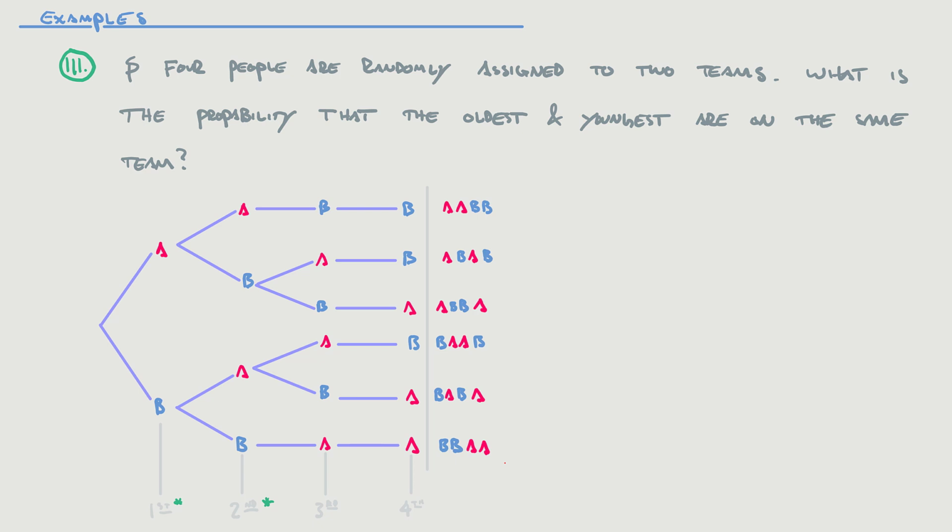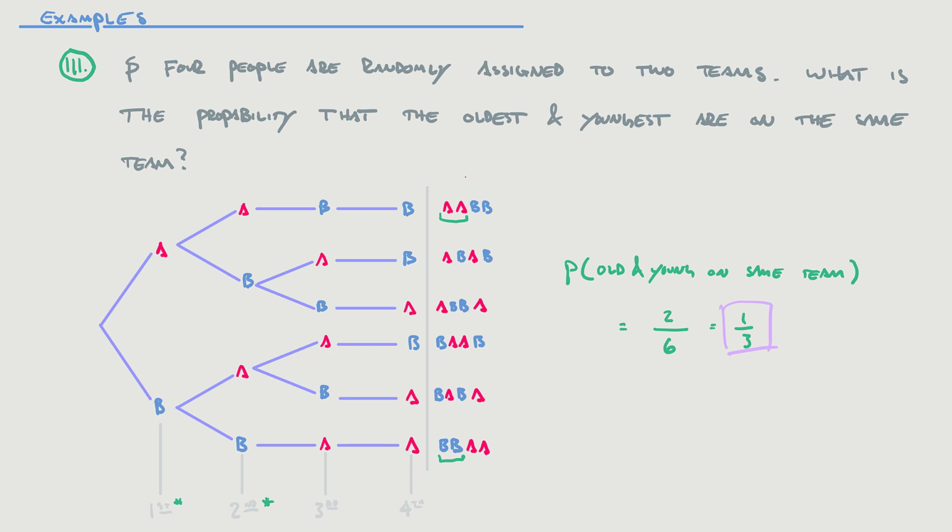So then I'm looking for where the first choice and the second choice are the same letter, because then they'd be on the same team, and that happens in the first outcome and also the last outcome. And so my probability of old and young being on the same team would be 2 outcomes where the first and second person are on the same team out of 6 total, so you get 1/3.